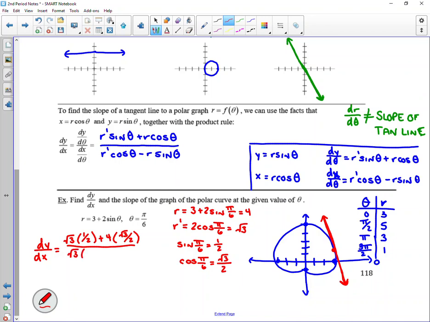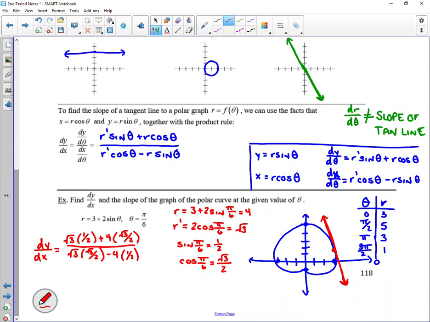Cosine theta is √3 over 2. R is 4. Oh, it should be a minus, guys. And 1/2, right? Okay.